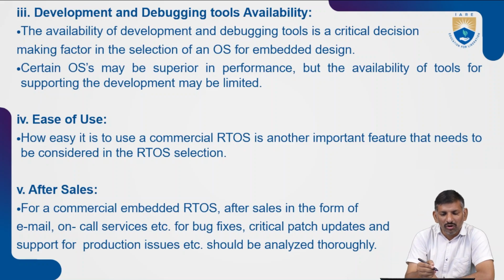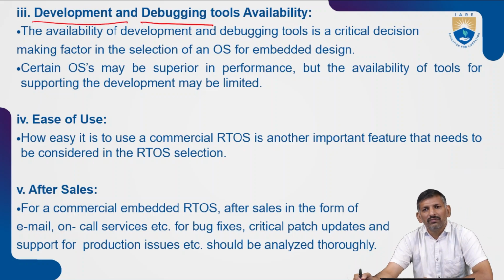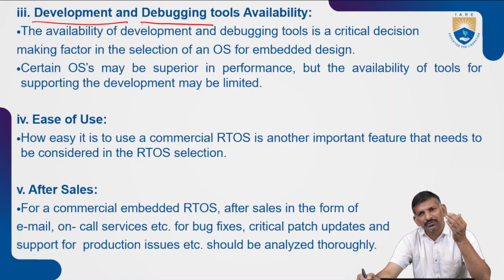Similarly, we need to check how easily we can design and how easily we can debug. Debugging means functionality deviations will be checked by setting breakpoints. Otherwise, in the olden days, they checked the functional behavior after executing each instruction.